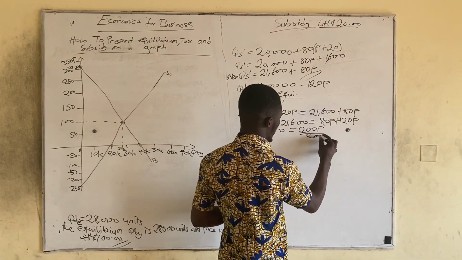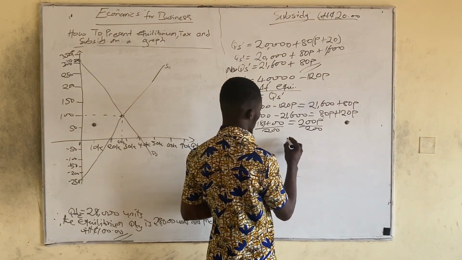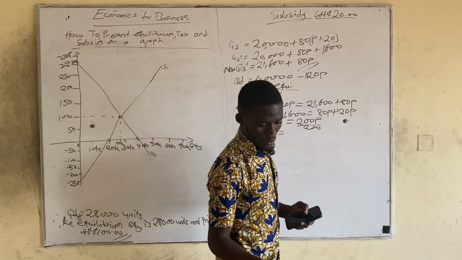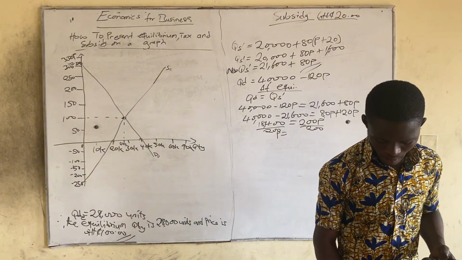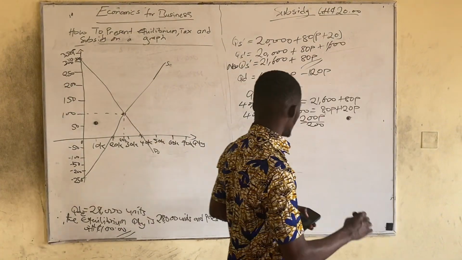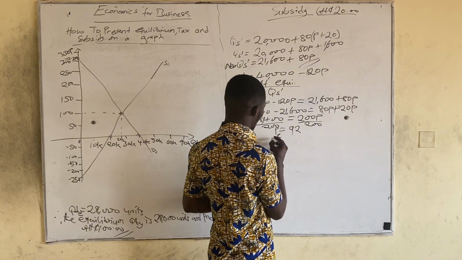Divide by 200: 18,400 divided by 200, we get the price to be 92.